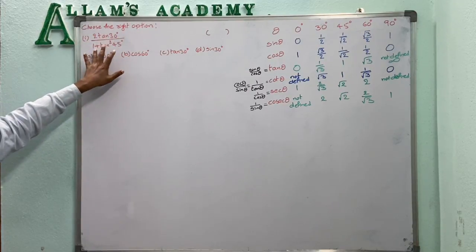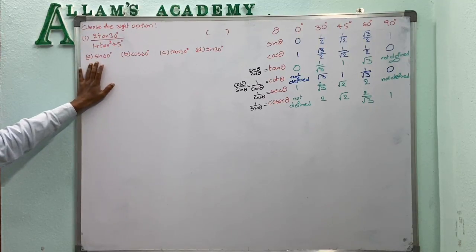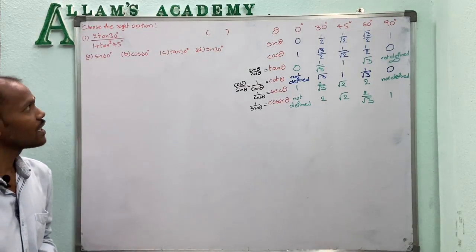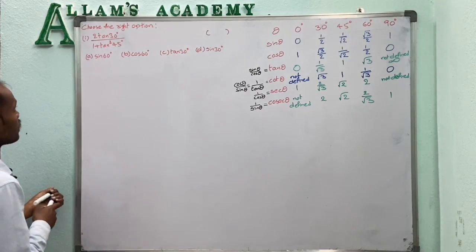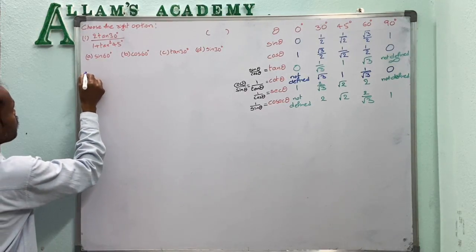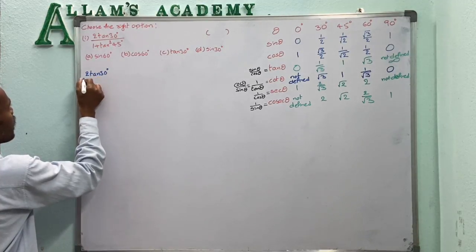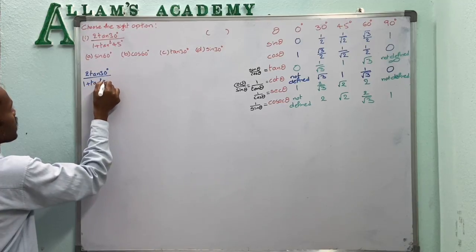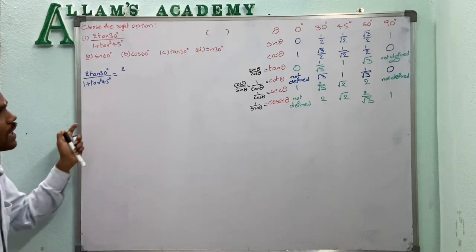Okay, choose the right option: 2 tan 30 degrees by 1 plus tan square 45 degrees is equal to sin 60, cos 30, tan 30 or sin 30. If we observe the given problem, 2 tan 30 degrees by 1 plus tan square 45 degrees, that equals 2 into tan 30.